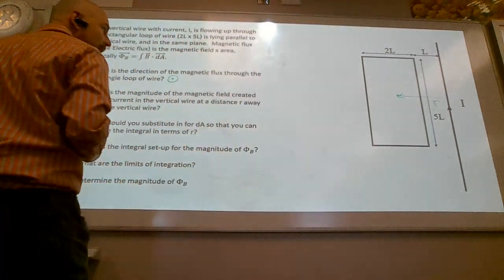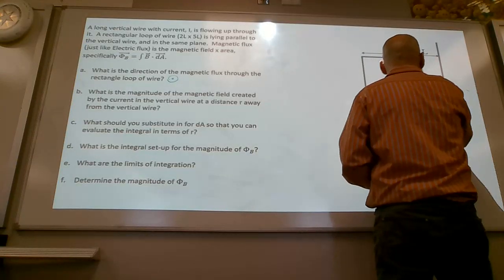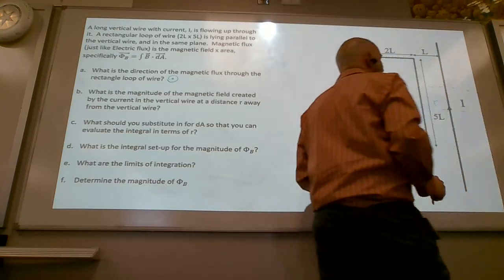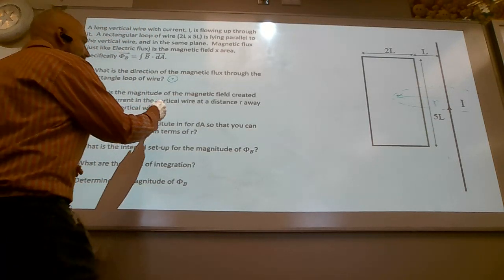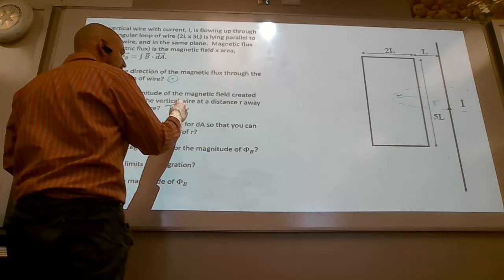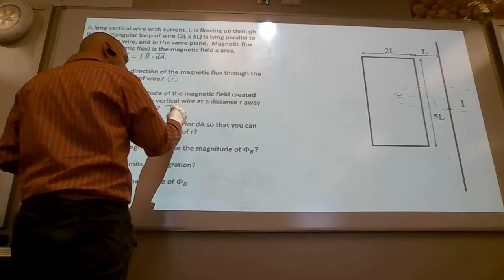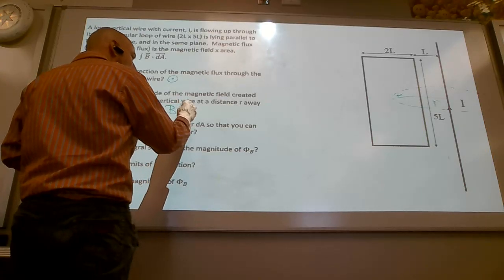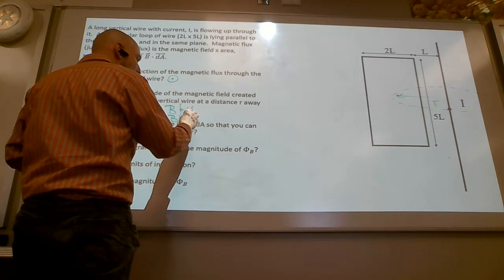You're doing Ampere's law. That's our Amperian loop. So we've got magnetic field times dl, which integrating that is just B times 2 pi r.